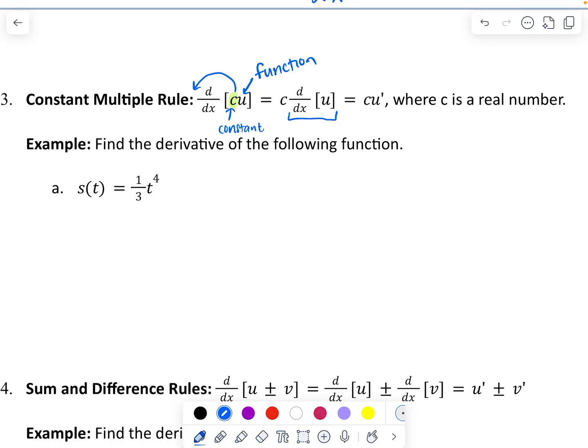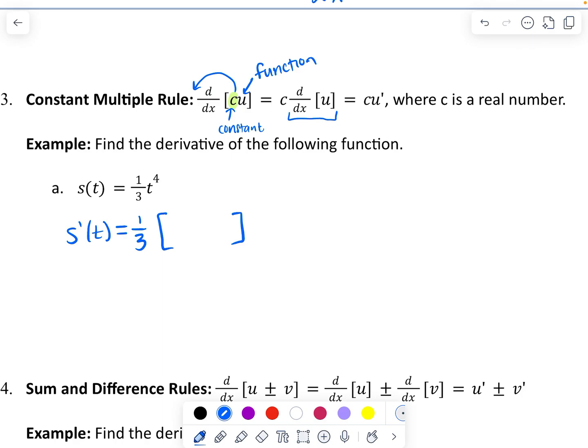Okay, so here, what I mean by that is I'm going to show this to you in a way that makes sense, because hopefully this becomes logical to you. For now, we're going to think about that 1/3, leaving it there, and then we're going to just take the derivative of the t to the 4th power.